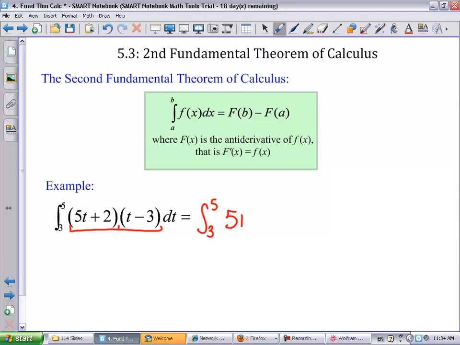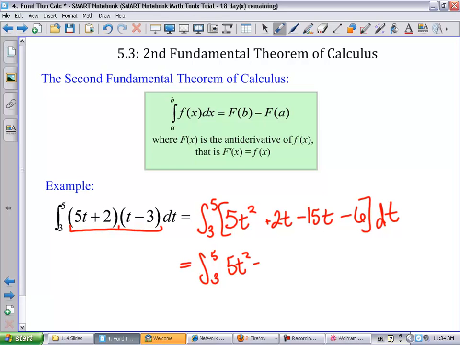So we get 5t squared plus 2t minus 15t minus 6 dt, and we can simplify that. That's the integral from 3 to 5 of 5t squared minus 13t minus 6 dt.